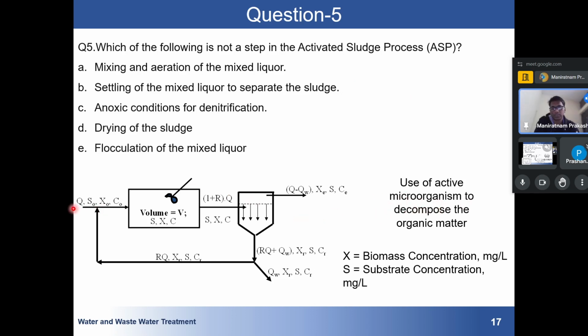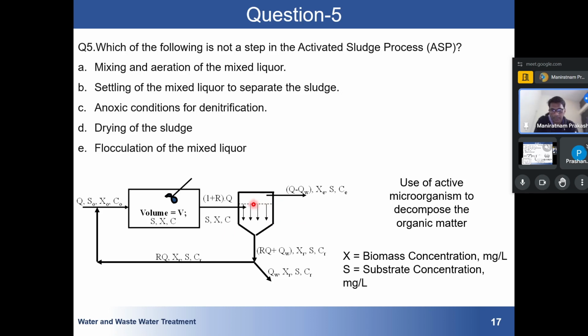Before this there were certain treatment units. Water is coming from here, then it goes into this tank, and after that it has some aeration, and then it goes into this tank, where it produces some sludge that has active bacteria or active microorganisms in it.